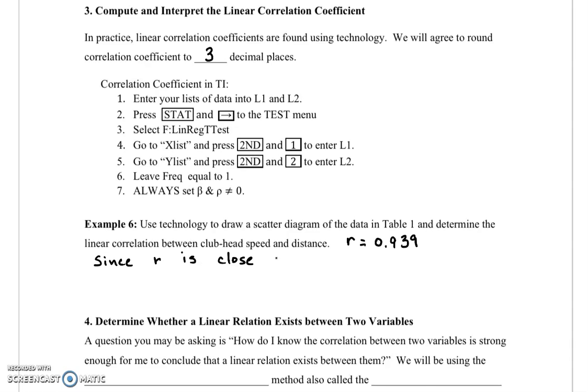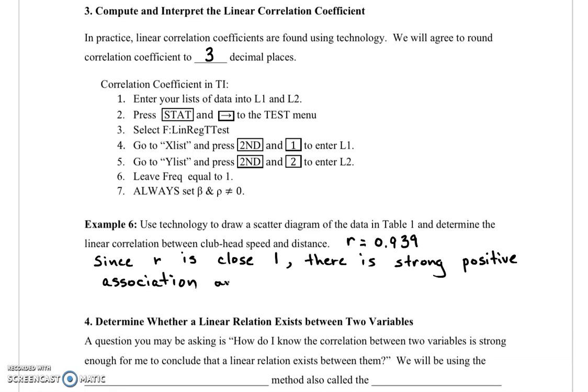So since it's close to 1, there is strong positive association and evidence of linear correlation.